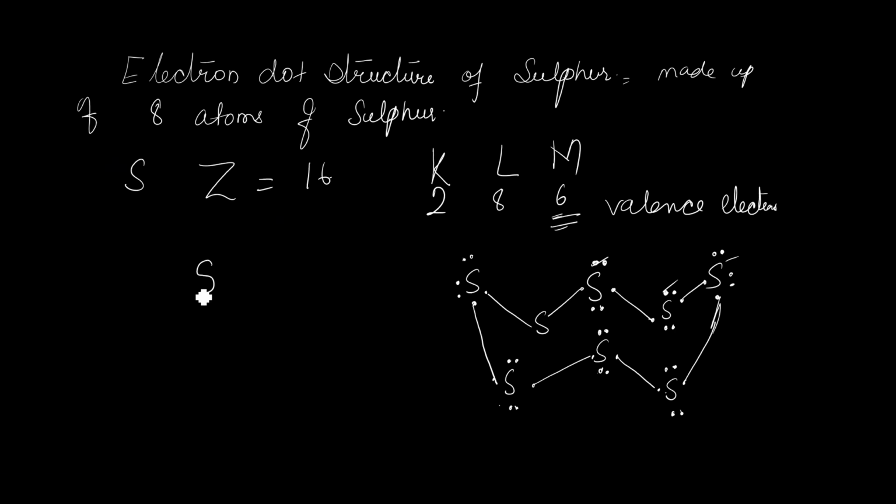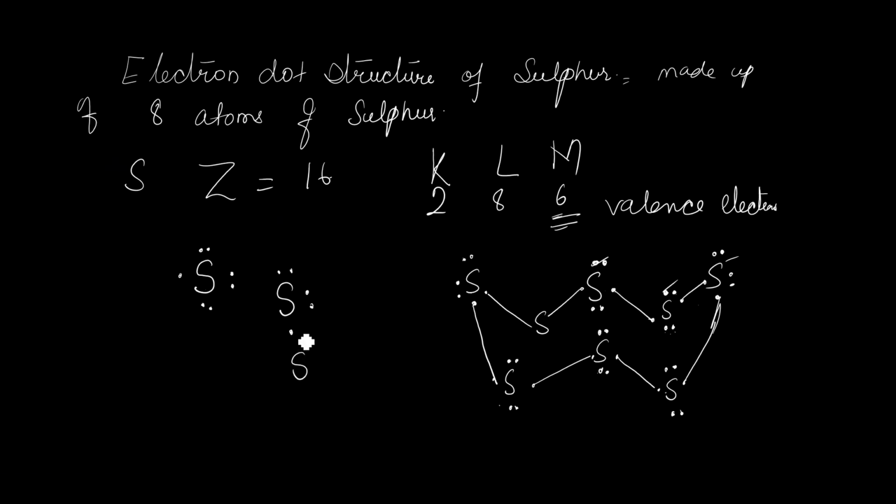So first one sulfur you draw here. So how many electrons does it have? So you can see this and you can make 1, 2, 3, 4, and one electron of one sulfur, one electron of another sulfur. Then again here one electron, one electron of another sulfur. How many electrons? 1, 2, 3, 4, 5, 6. And again here one electron. So 1, 2, 3, 4, 5, and here 6.